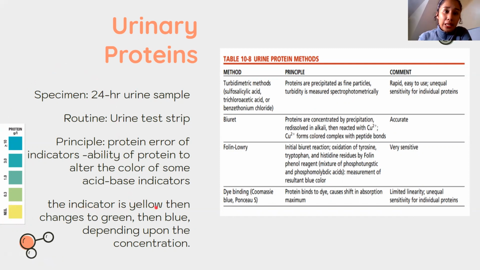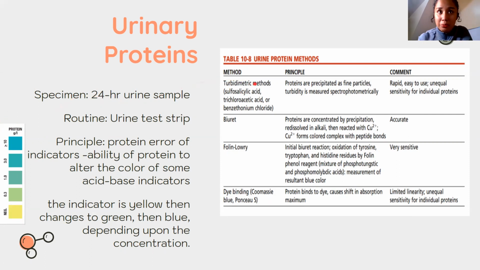The indicator is yellow, then changes to green depending on the concentration. For example, with 0.3 grams per liter of protein, a light blue color appears on the strip. But if high, more than 10 grams per liter, the color is blue. It needs to be read manually by eye, but it can also be read by a machine.